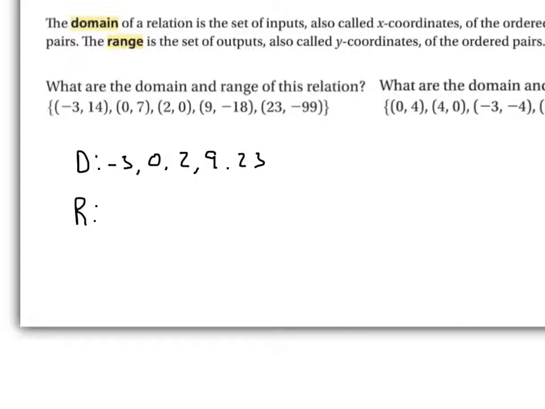What's our range then? -99, -18, 0, 7, 14. Put them in order. Okay? That's all you're doing, domain and range. Domain is the X values, range is the Y values.